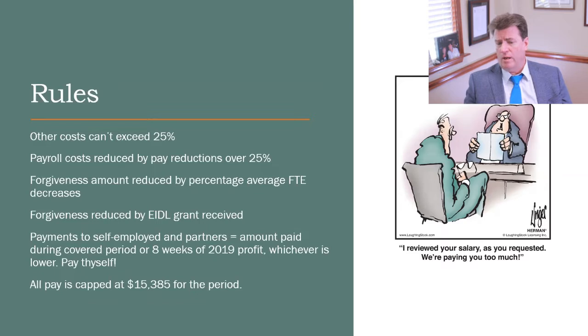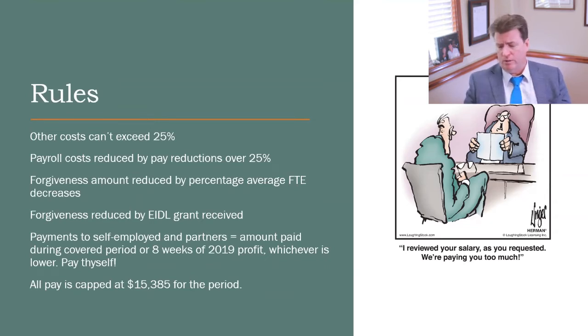Well, now what is going to happen? It's going to be either the amount that you pay yourself during the covered period. It doesn't necessarily say anywhere in here that it has to be weekly or during a regular pay period, which I've told some people to do because there wasn't guidance. But this just seems to say it's during the 8-week period. You need to make sure you actually pay yourself.